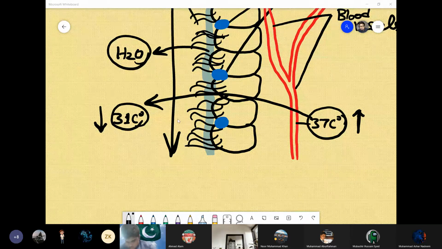So as the heat is transferred from the warmer blood to the colder air, the air will become warm, right? And when the air becomes warm, the air is now prepared for breathing.